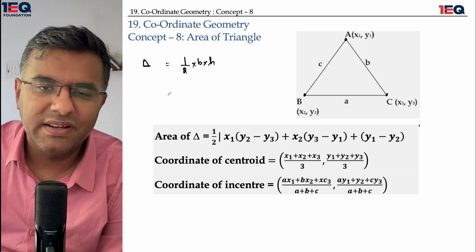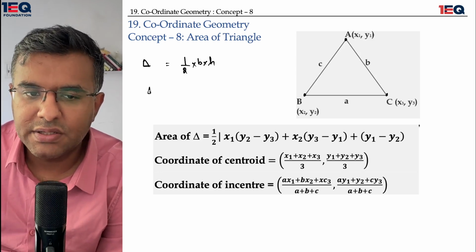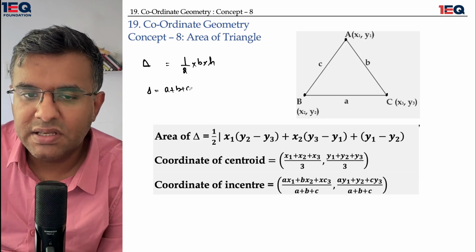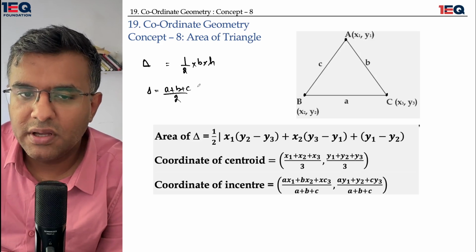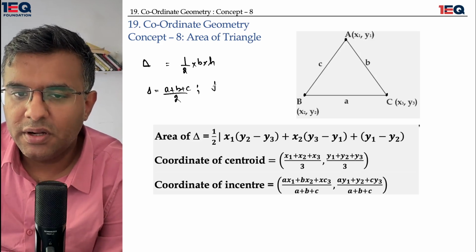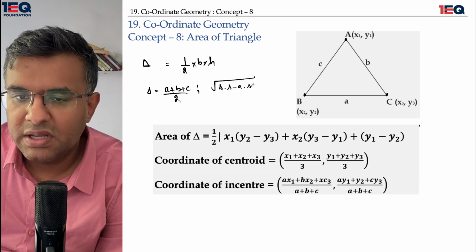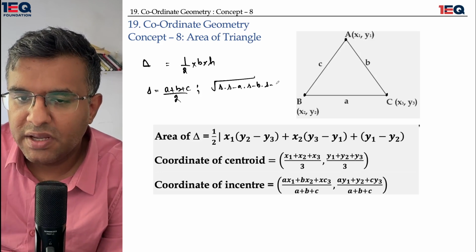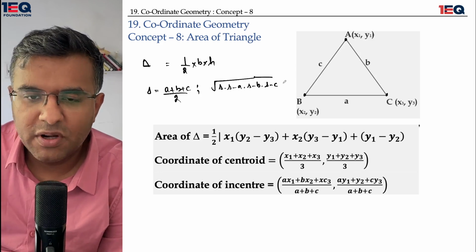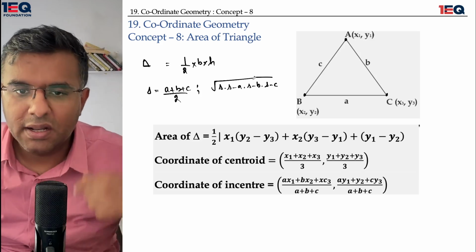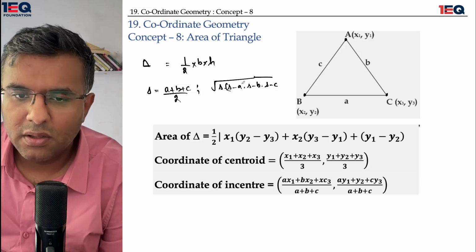But in situations where the triangles are not right angled, we use the semi-perimeter formula, S equals (a plus b plus c) by 2, or Heron's formula, as we popularly call it. The area comes out as the square root of S into (S minus a) into (S minus b) into (S minus c). Wherever I have put a dot, there is going to be a bracket around it.